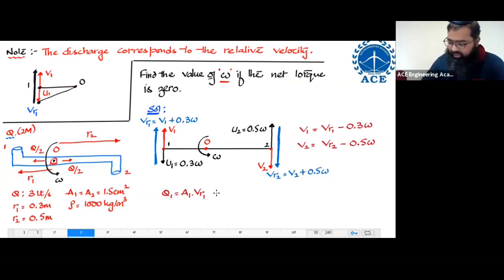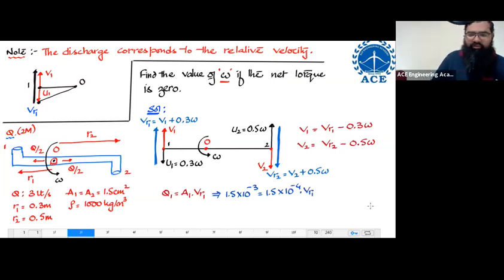So I can write from here, 1.5 liter per second means 1.5 into 10 power of minus 3 has to be equal to A1, which is 1.5 centimeters square, 1.5 into 10 power of minus 4 meters square, multiplied to VR1.